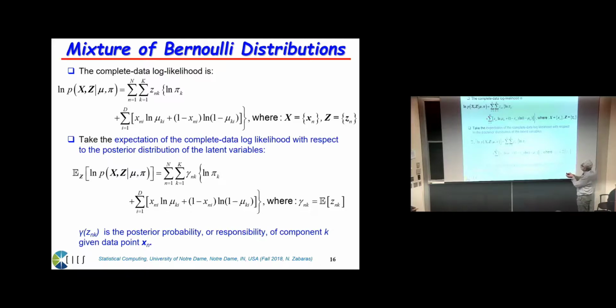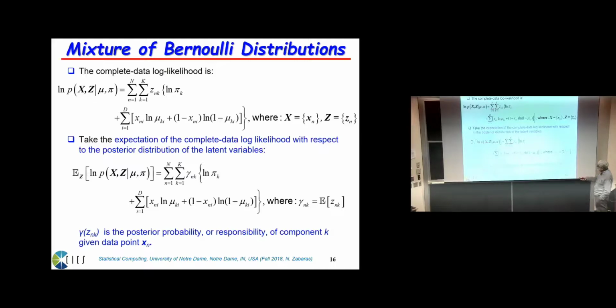Inside, what I have is log pi_k from the prior, from the mixing coefficients, and then for the binary variables, rather than the Gaussian components we have seen before, we have the summation. You remember each of these was a product of mu to the power x_i and 1 minus mu to the power 1 minus x_i, right? So the product becomes a summation. Because we don't know Z, we take the expectations, and the expectations give us the responsibilities.